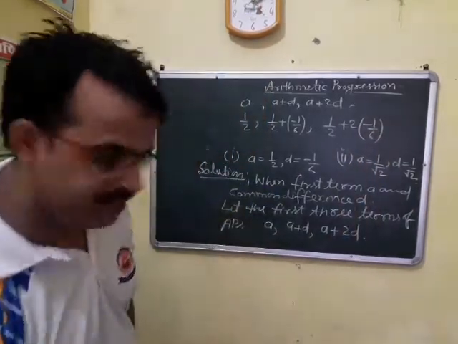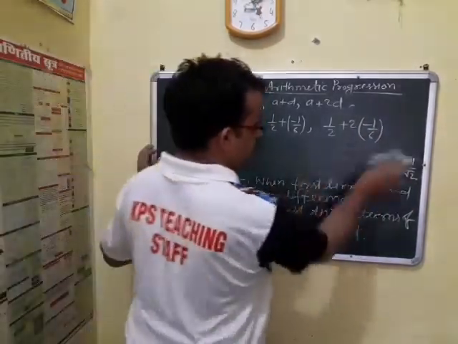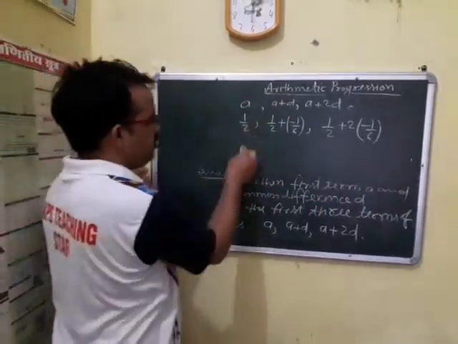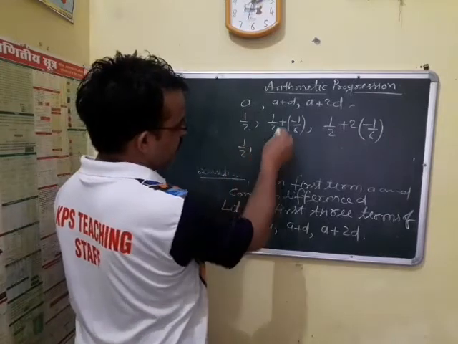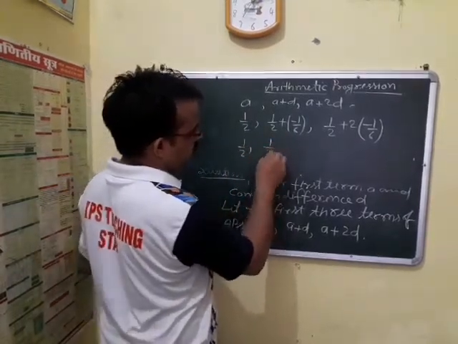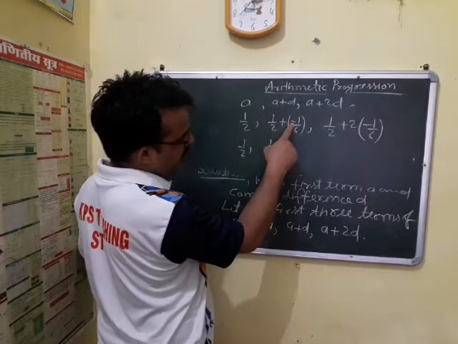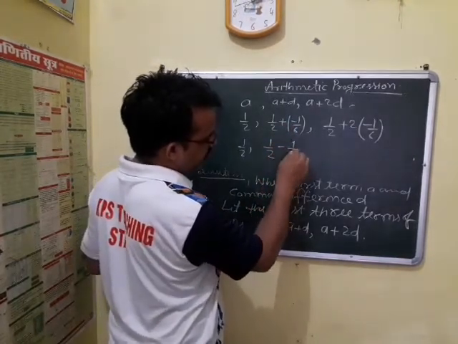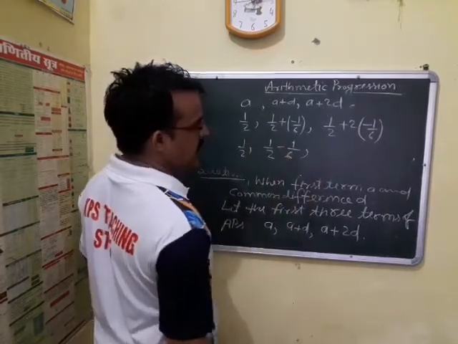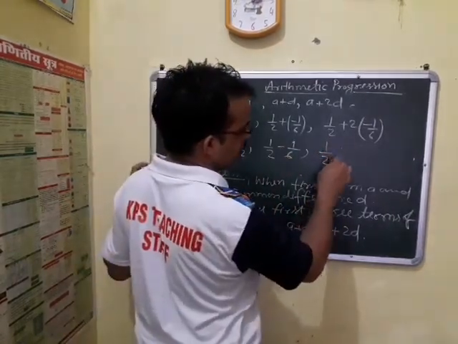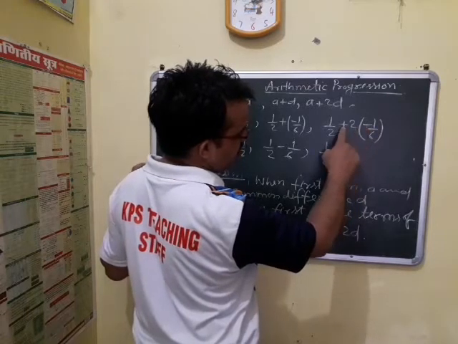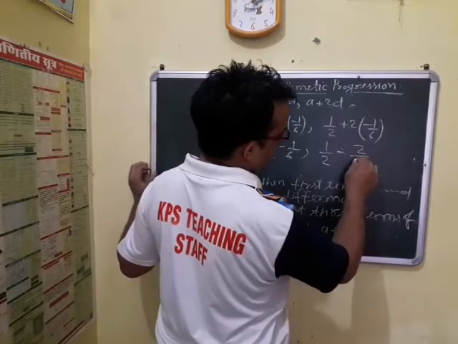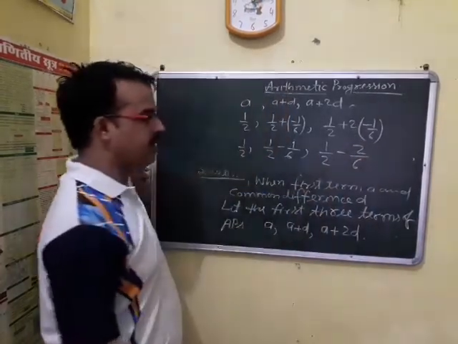Now solve here. Look, this value is only 1 by 2 and this one will solve 1 by 2. Here is the positive sign and here is the negative. Positive and negative multiplication gives negative 1 by 6, second portion, and the third one is 1 by 2. Here is the positive and here is negative. Positive negative multiplication gives negative, and 2 by 6 here. Clear?